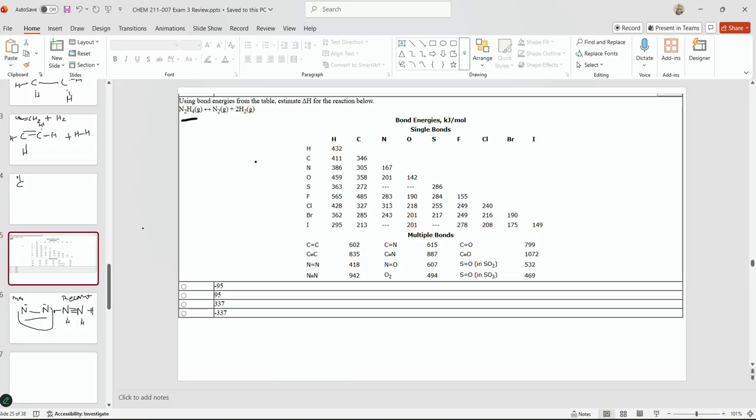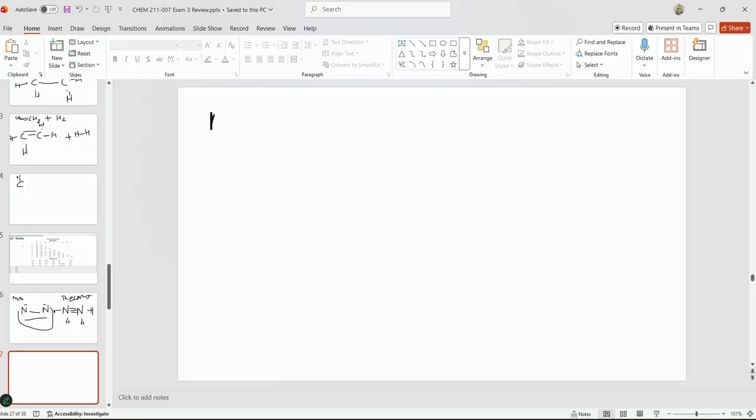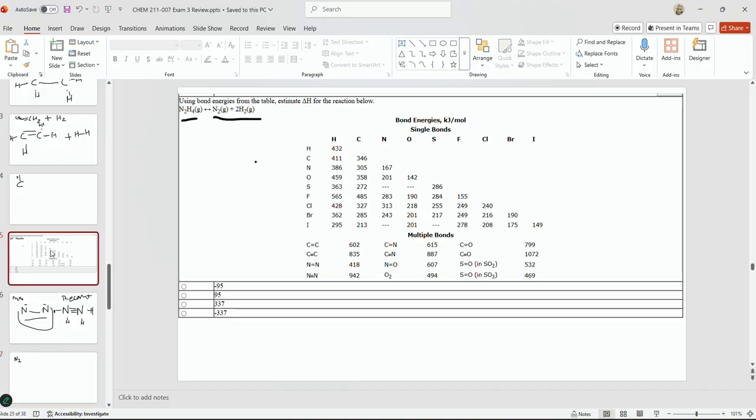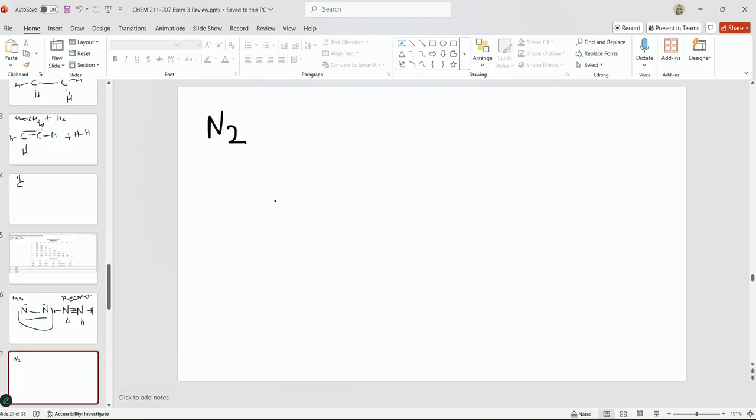Now I'm going to make a, not valence electron, sorry, a Lewis structure for the product. So we have N2 plus 2H2. Just making it redundant and repetitive, right?